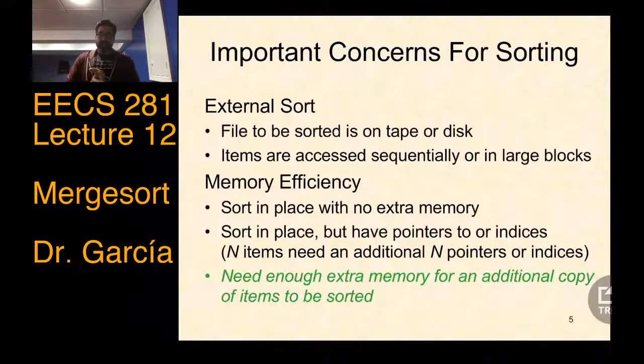The considerations for when to use this algorithm: it does kind of have a downside, and as we're going to see, in its simplest implementation, it uses extra memory, and that is what we're going to discuss today, the implementation of Mergesort that does use a linear amount of extra memory, linear in the size of the input.